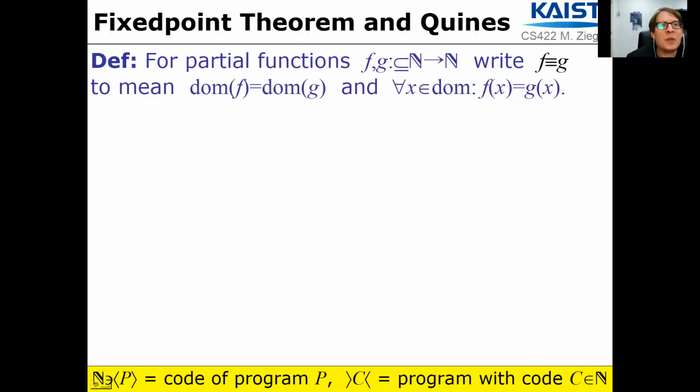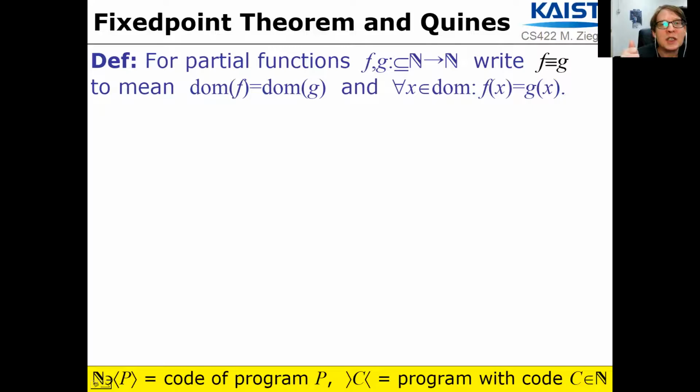And to make this more precise and formal, let's introduce the following equivalence relation on partial functions. We say two partial functions are equivalent if, first, they have the same domain. They are partial functions, so they may be undefined somewhere. But if one function is undefined, then so must be the other function and vice versa. That's the first condition.